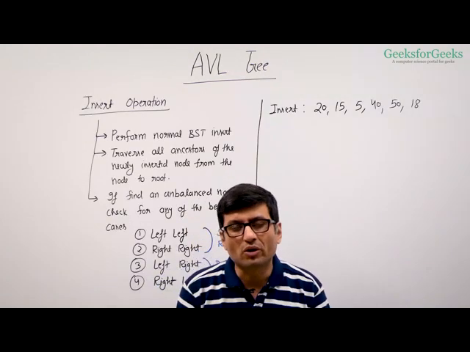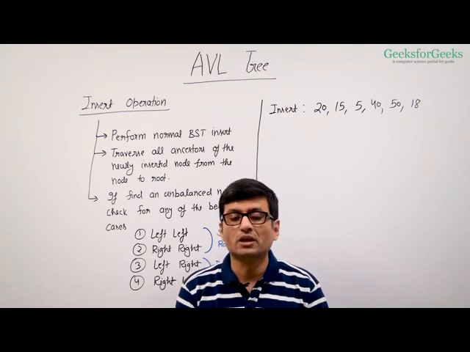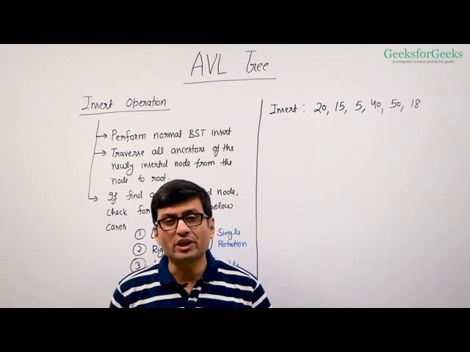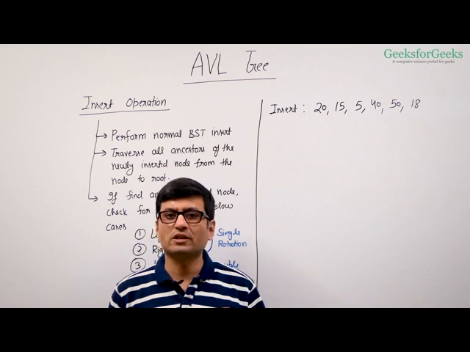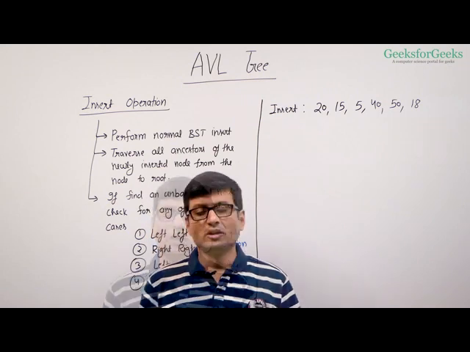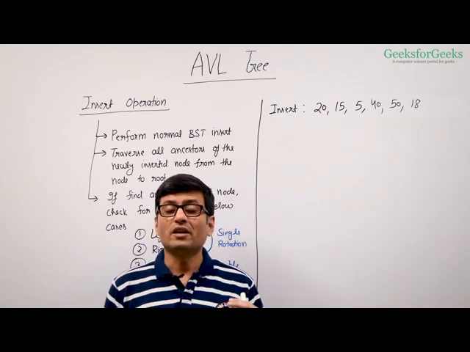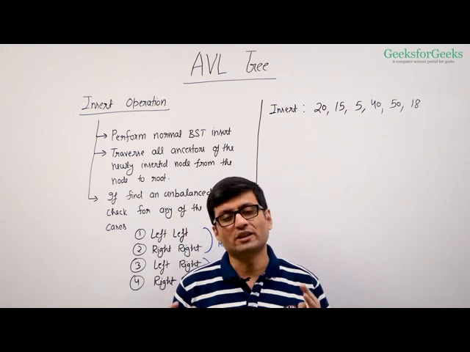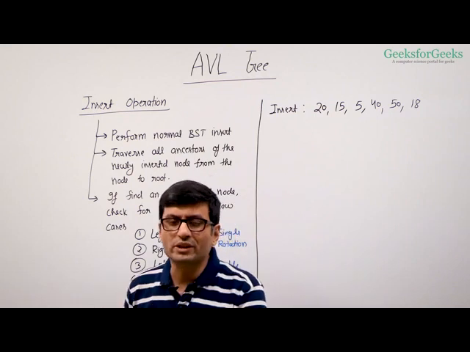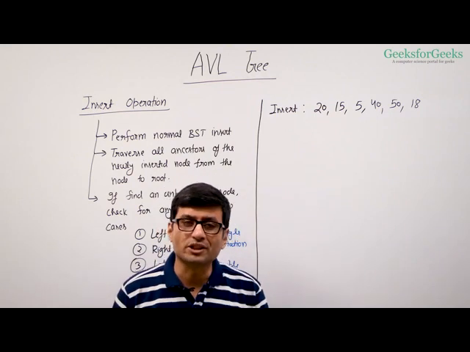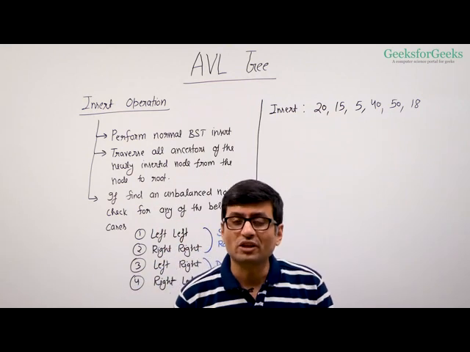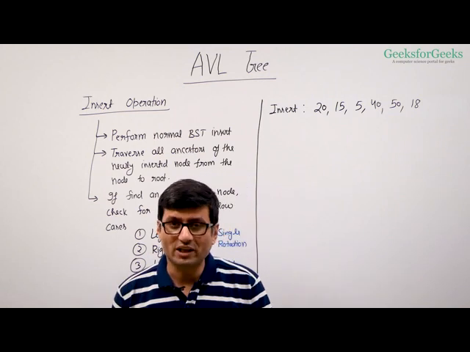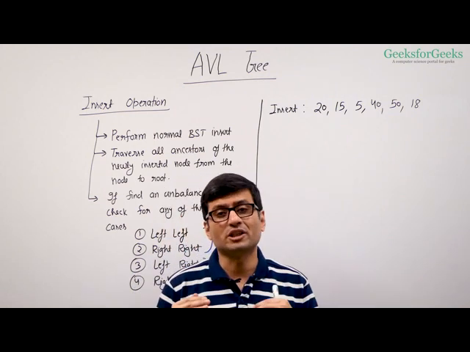Let us now talk about AVL tree operations. Please note that AVL tree search works the same as BST search. So search is the same. Insert and delete are the operations which are complex in AVL tree when compared to BST, because these operations make sure that height remains balanced, that the AVL tree property is followed.